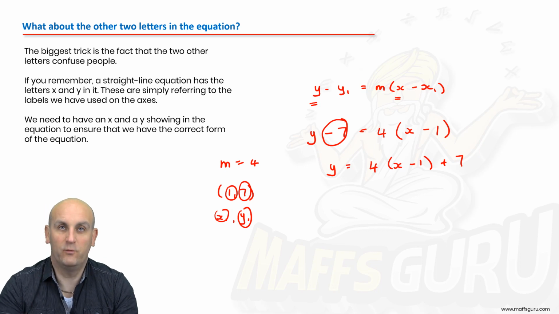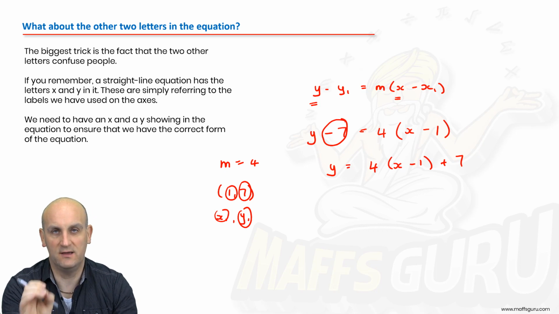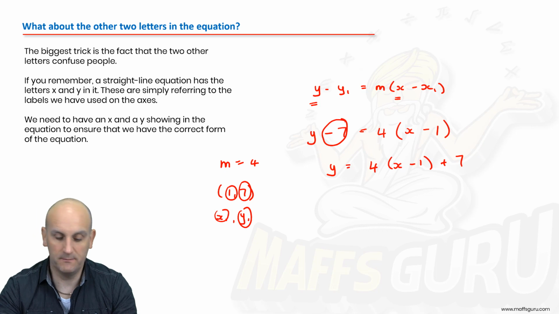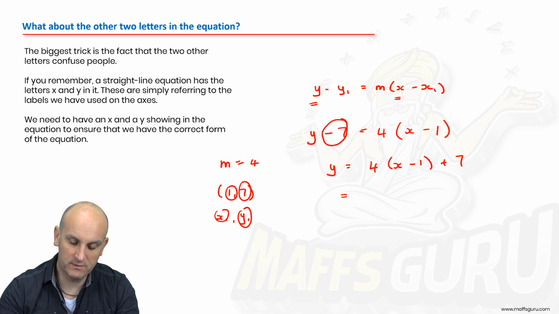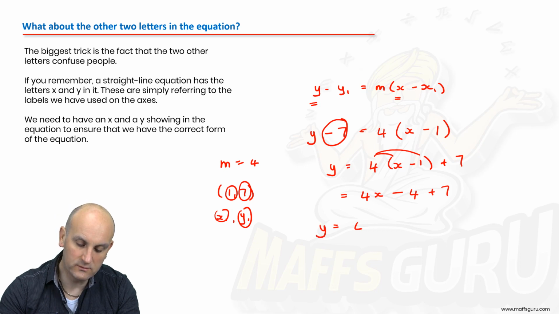No, because we have to have y equals something times x plus or minus some number. So in this situation, we have to multiply out the brackets. So that becomes 4x because we do 4 times x and 4 times minus 1, which is minus 4. We add on the 7, which gives me that y is equal to 4x minus 4 plus 7, which gives me plus 3. And there we go.